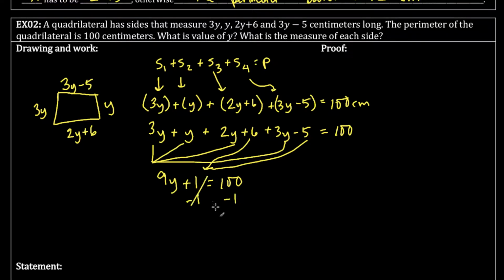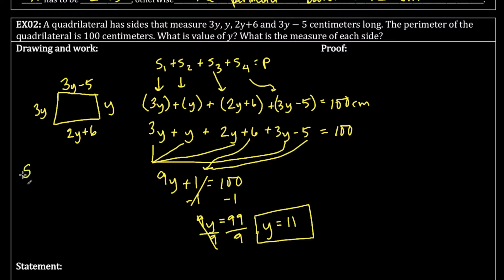So we'll take away 1 from both sides, and we get 99, and we divide by 9. And y equals 11. Remember that this isn't 11 centimeters because this isn't a side length. This is just what y is. Well, in this case, it is for side 2, but we'll get to that.